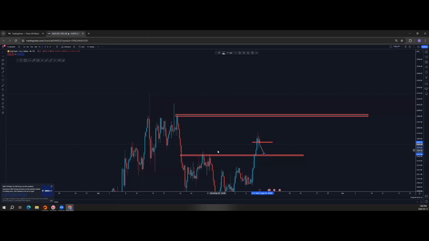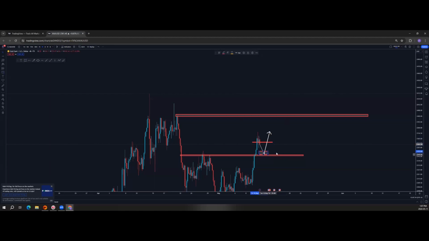If it's in my session, I would take it. If it's not my session, I would wait until it dips into here and makes a support, and that way I'll be with the trend. I'll be looking for a buy in this region here, for it to bounce off that line for a retest. Exactly.